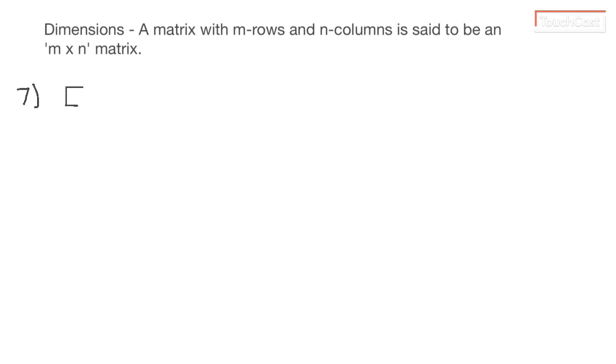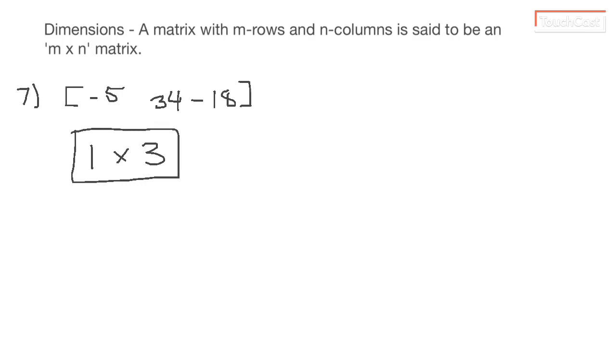So I've got the matrix -5, 34, -18. So I see we've got one row, so that's our m, and we've got 3 columns, that's our n. So this matrix is a 1 by 3 matrix. We've got 3 more matrices to look at.